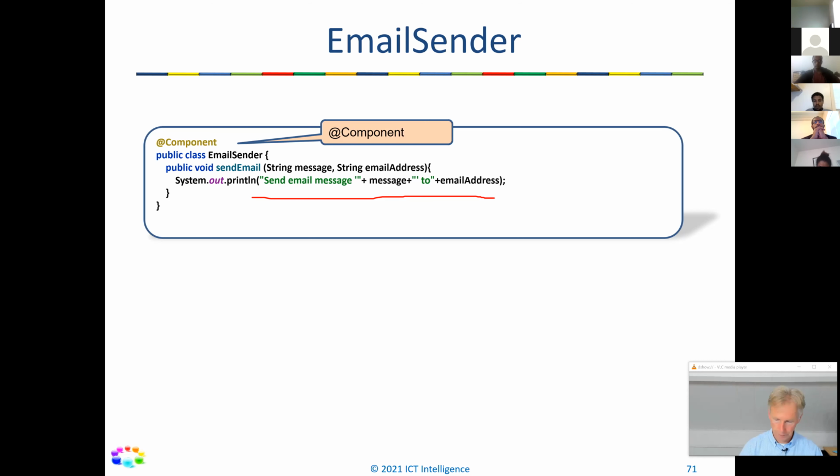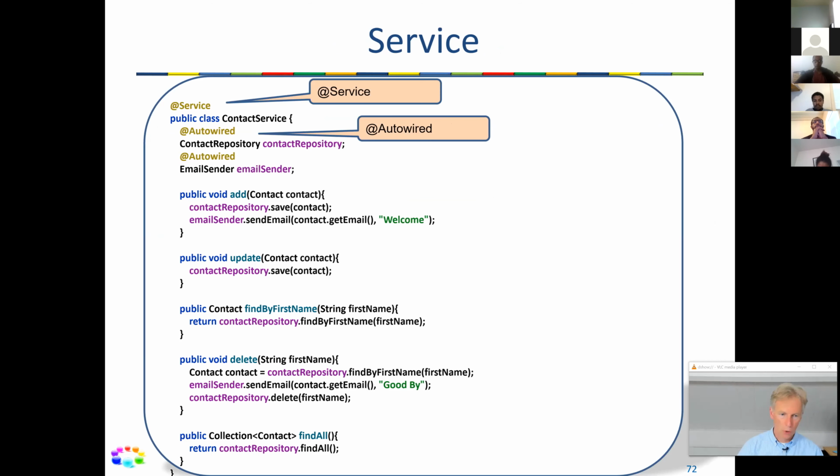Then I have a service. So I auto-wire the repository and I auto-wire my email sender. What do I do if I say add a contact? Well, I call repository.save and emailSender sends an email. Update a contact. Well, repository.save. It's the same in a map. Find by first name, well, call repository find by first name.